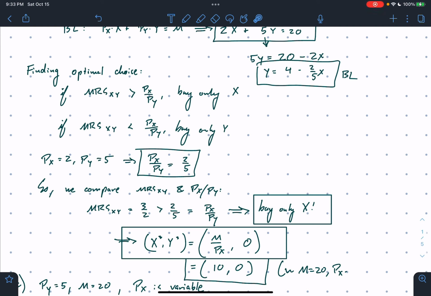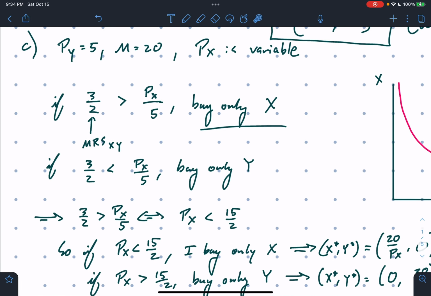So this will change for different values of the price of x. If the price of x is really low, and we're here, then we'll be buying only x. But if px is like 10 million or something, the marginal rate of substitution, which is only 3 over 2, is going to be less than px over py. So this means, in that case, if the price of x is too high, we'll only be buying y.